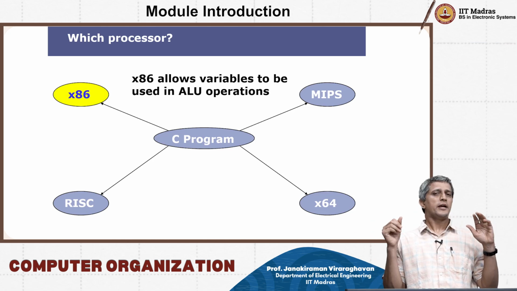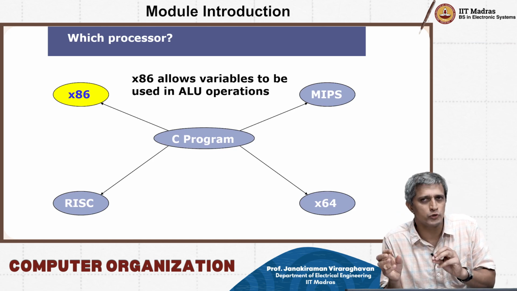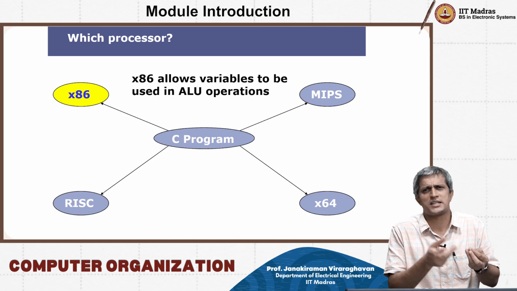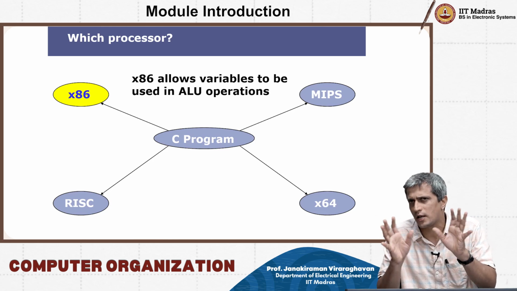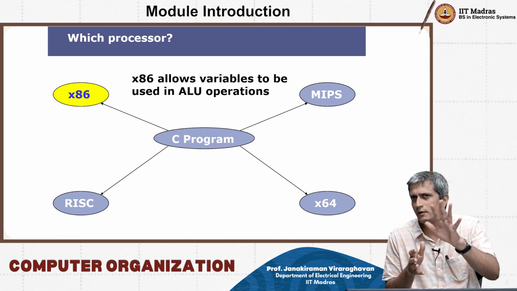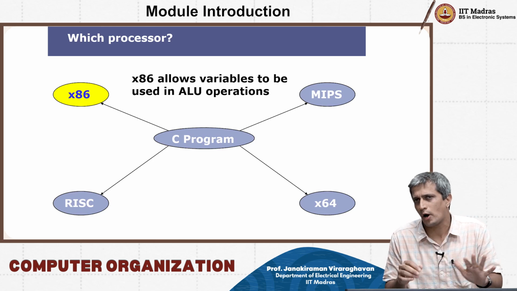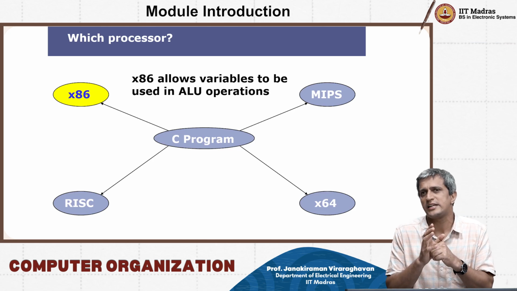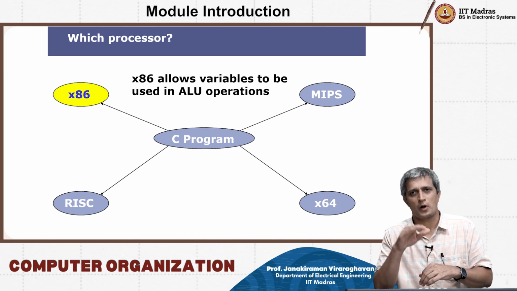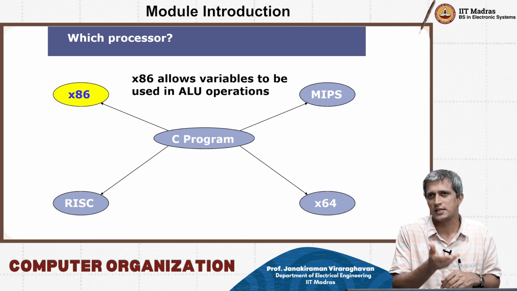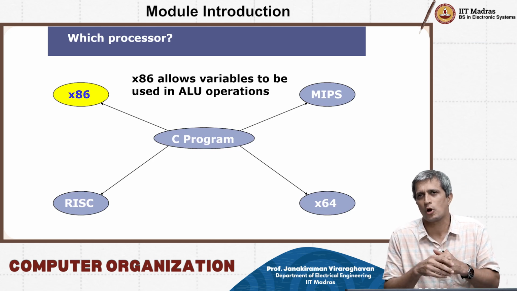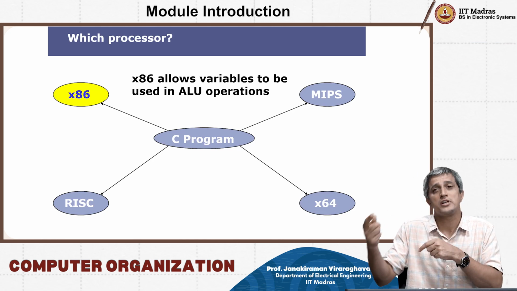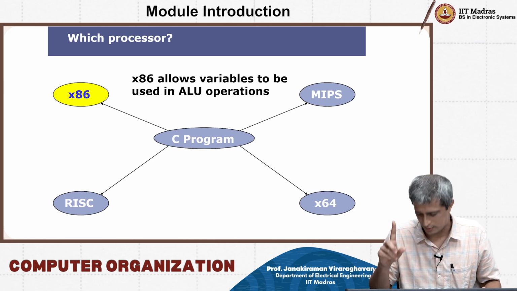Because x86 allows you to treat variables in C just like some other register. It allows a certain abstraction, and we'll see at a different point why that is the case. So the idea is to use x86 as the example to tell you how to translate it, and also that's a CISC processor, so we will exploit some of the complex instructions that are available, and then we will discuss the shortcomings and move to RISC. That's the idea here.